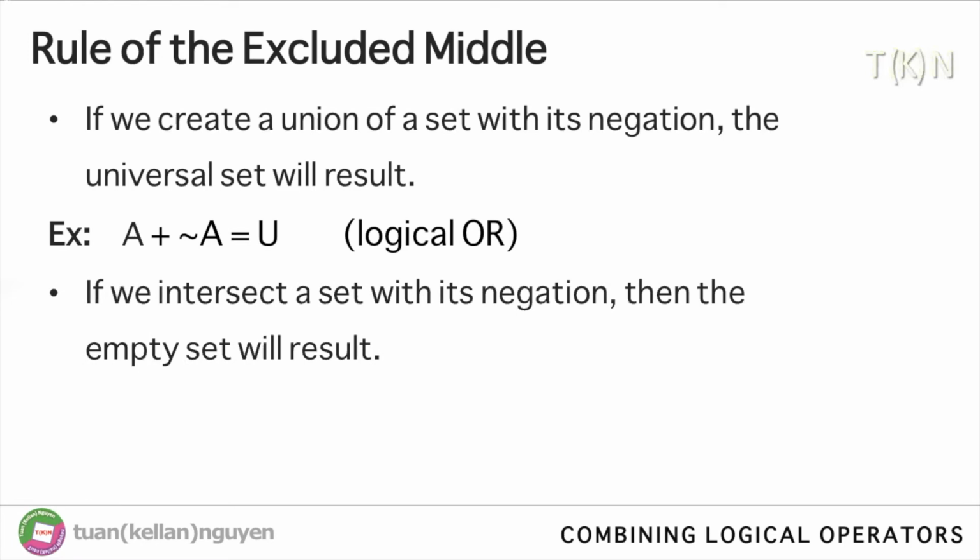If we intersect a set with its negation, then the empty set will result. This pattern means an element cannot be at the same time a member of a set and of the negated set, which is known as the rule of the excluded middle.